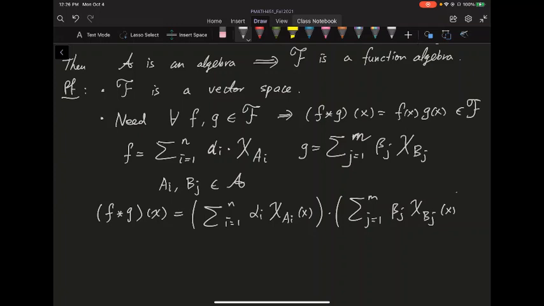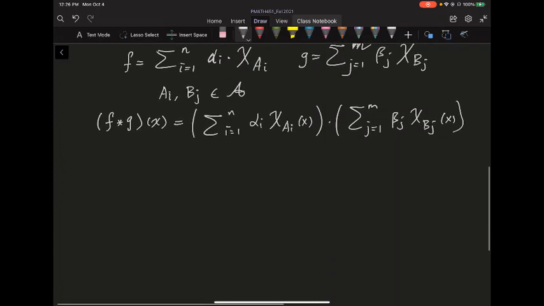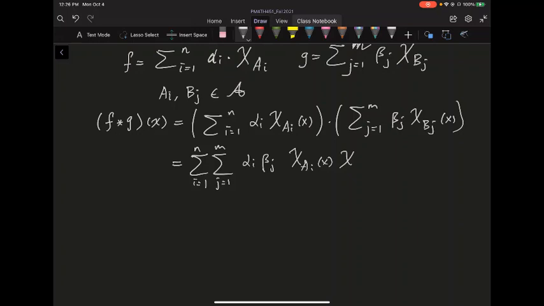And you have a double summation. You just multiply them together. So I make it a double summation over i and j, where you have some scalar alpha_i beta_j times chi of A_i of x times chi of B_j of x.